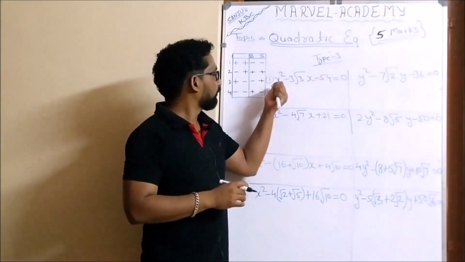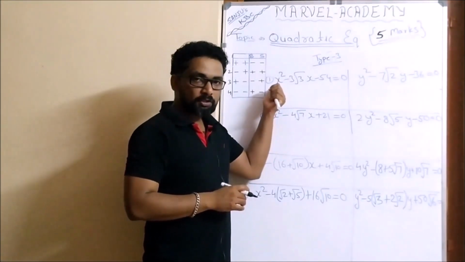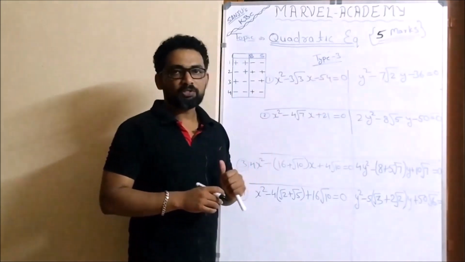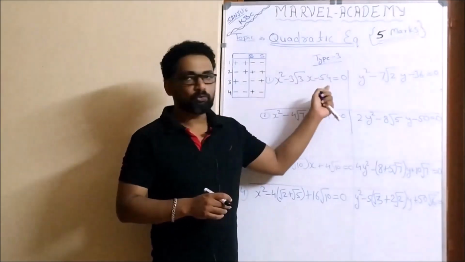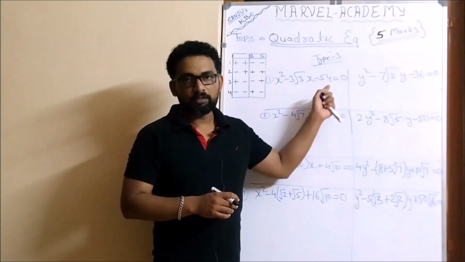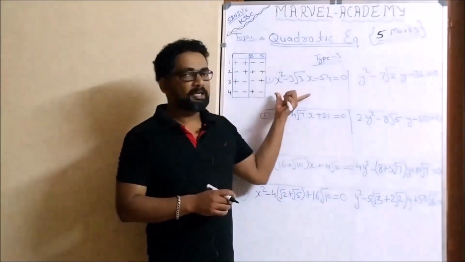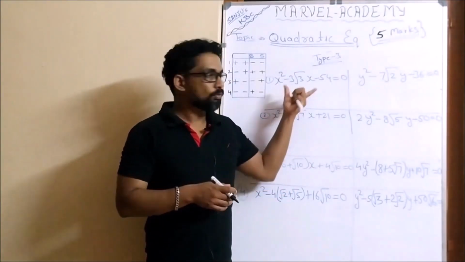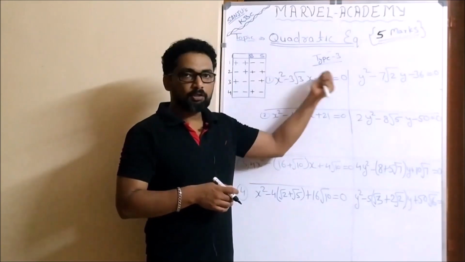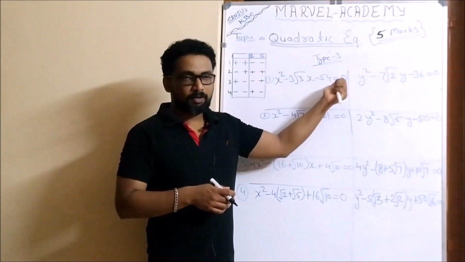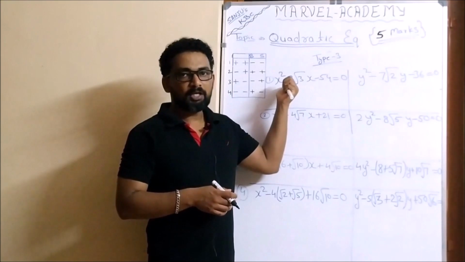Basically what we do, we multiply coefficient value with constant value, that is 1 into 54. That means multiplication should be coefficient into constant value and addition should be the middle term.